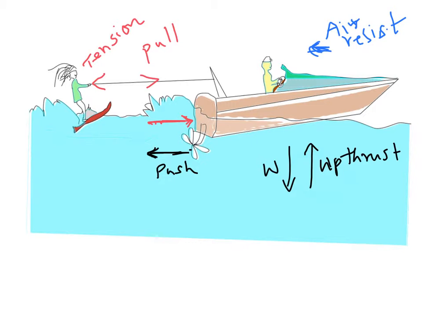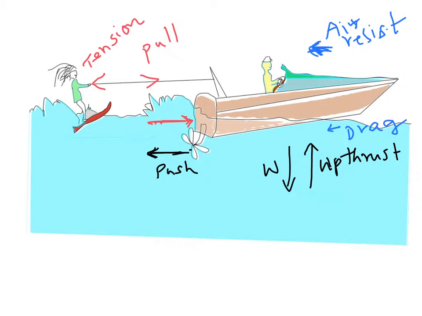Okay, the air resistance is pretty small, so I'm going to draw that over here. A small air resistance here, and you can also say a small drag force is there in water. Again, the sizes are important.